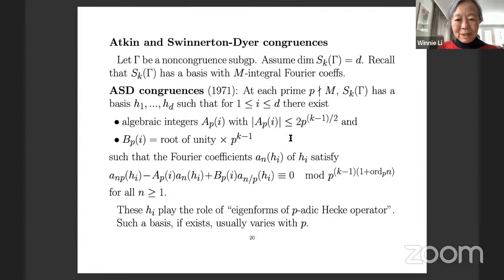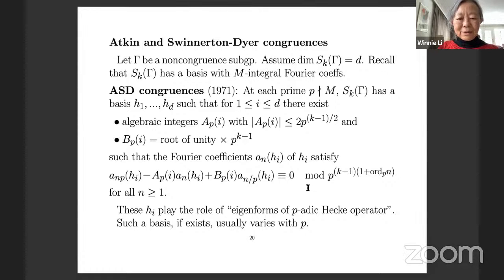The number in front of a_n is some algebraic integer which satisfies the Ramanujan bound, and the number in front of a_{n/p} is a root of unity times p to the k minus 1, very much like what we saw for the three-term Hecke recursive relation, except that this now is a congruence relation modulo suitable powers of p.